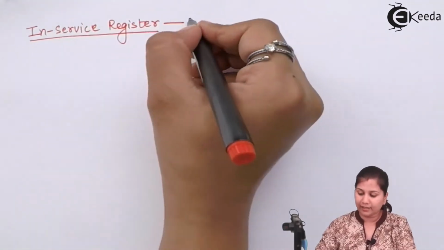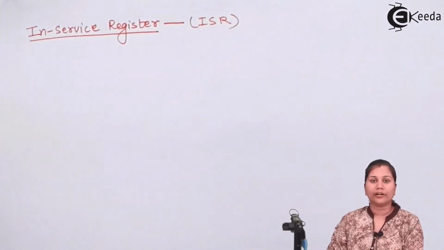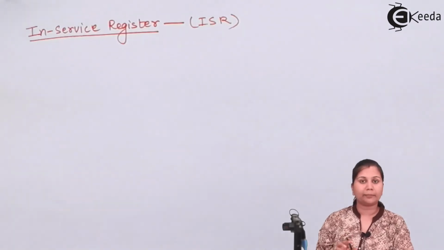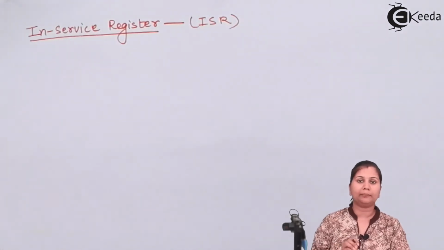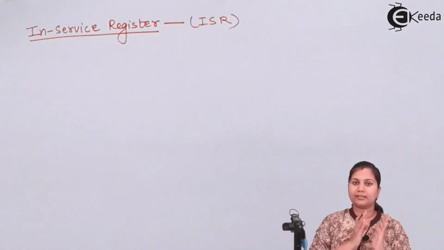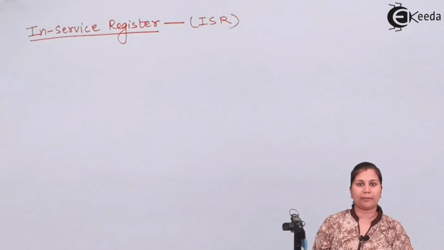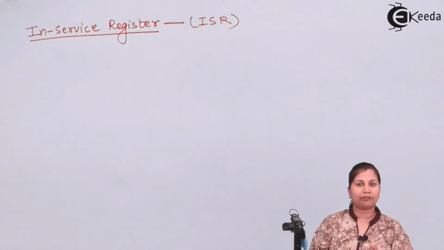So this ISR register gives us the information about the interrupt request which is currently being processed. IRR, the interrupt request register, gives us information about the interrupt requests given by the interrupt units. IMR gives us the information about the masked or unmasked interrupts.